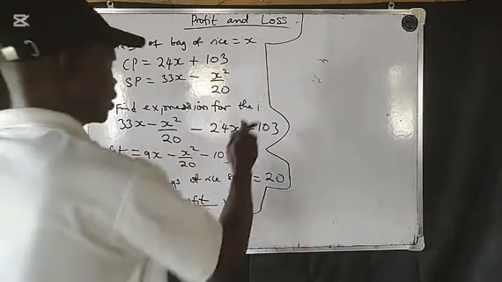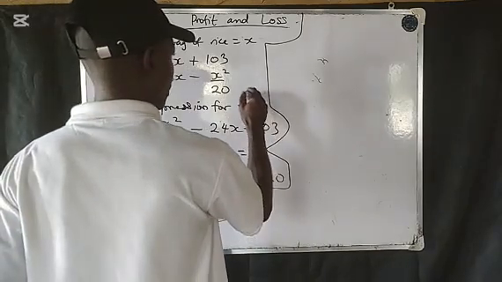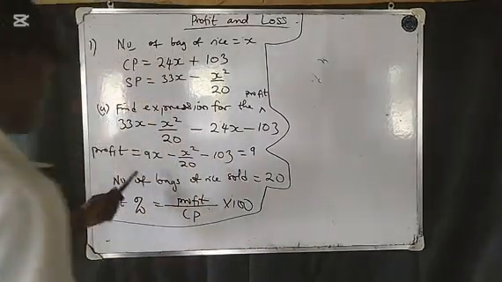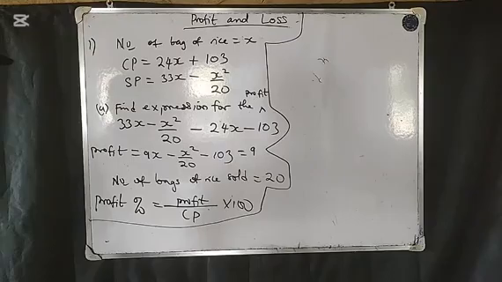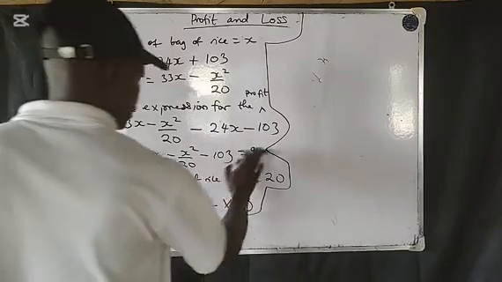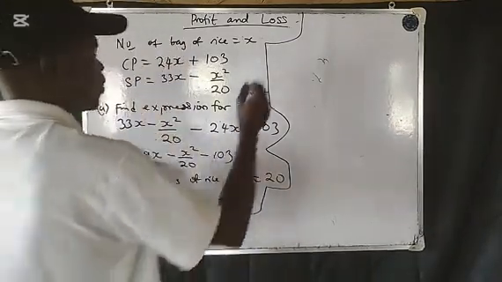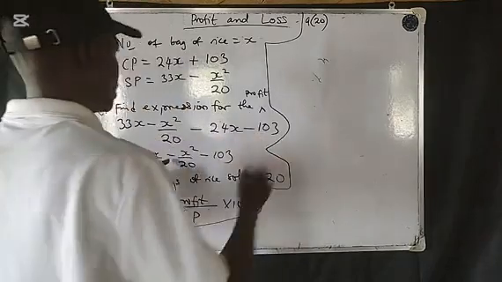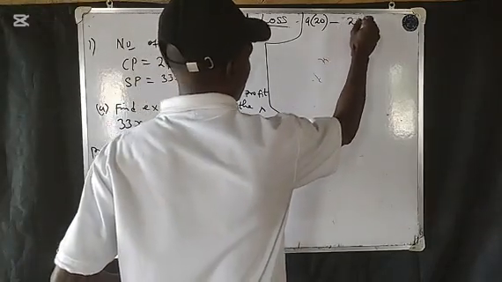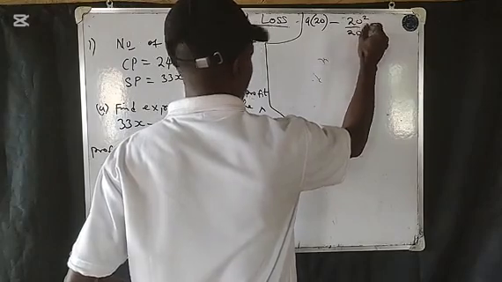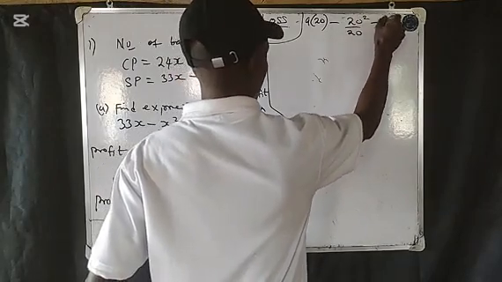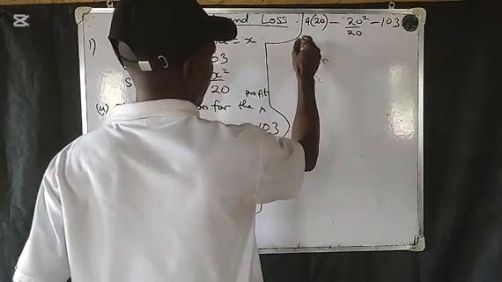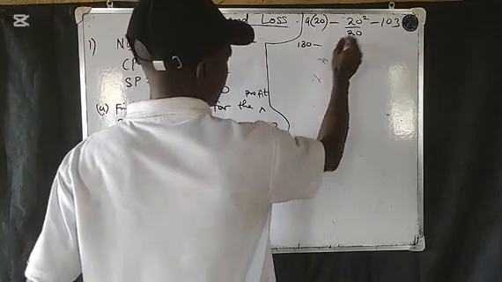Find the expression for the profit. So this is the profit. So let's write the profit out. Profit is 9 times 20, right? Minus 20 squared over 20, right? Minus 103. This one will give us 180. 20 will cancel 20.